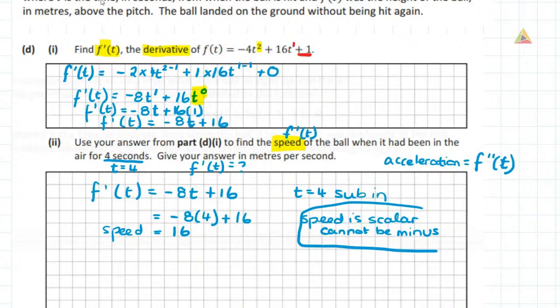And it says give your answer in meters per second. So up here it's giving me my units, meters per second. So I'm going to say, well, this is 16 meters per second. So when t was 4, our speed using f dashed of t was 16 meters per second.